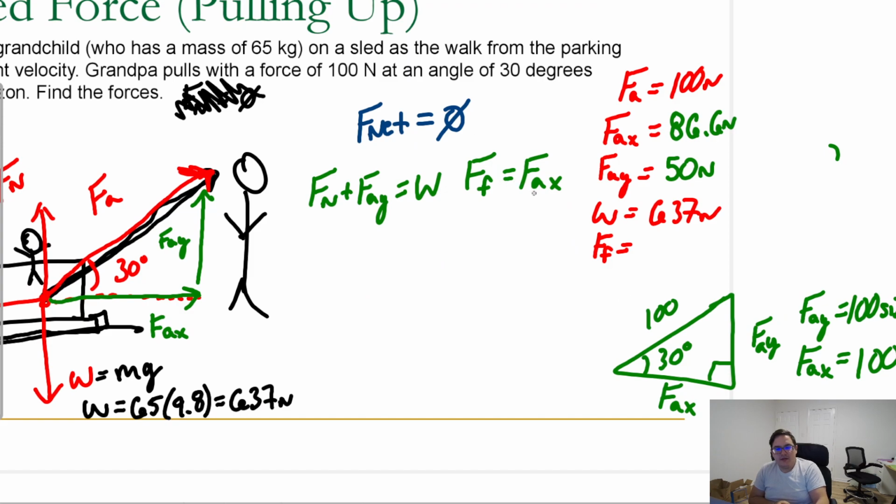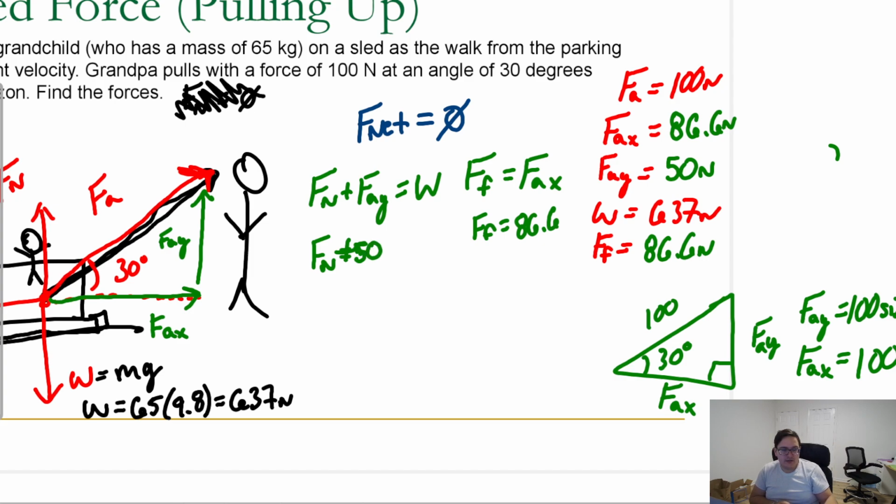We know force applied in the x is equal to force of friction. So that means friction is also 86.6. And we are one step away from finding the last one, and that would be force normal.